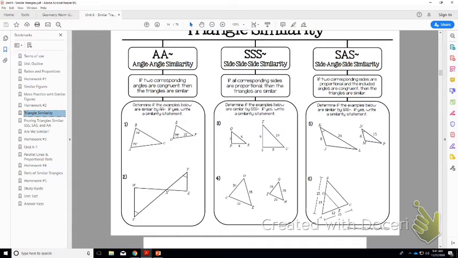Okay, so let's take a look at our first one. We have triangle ABC and triangle DEF. Let's start with triangle ABC. Find the measure of angle C for me, please. 31. Okay, so let's put that in the triangle.